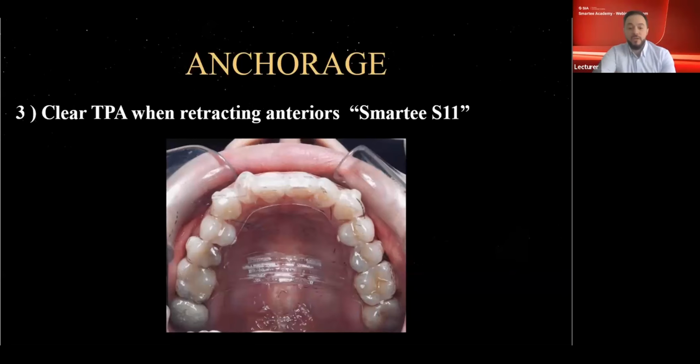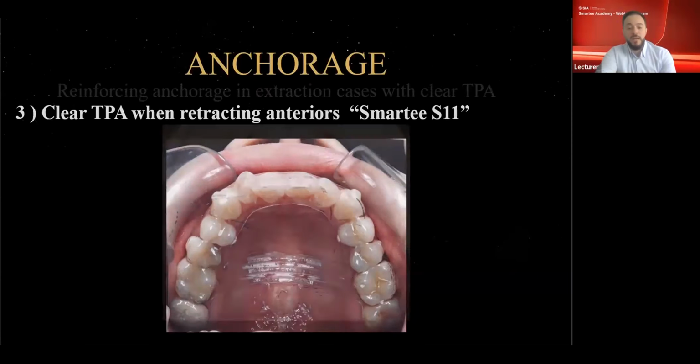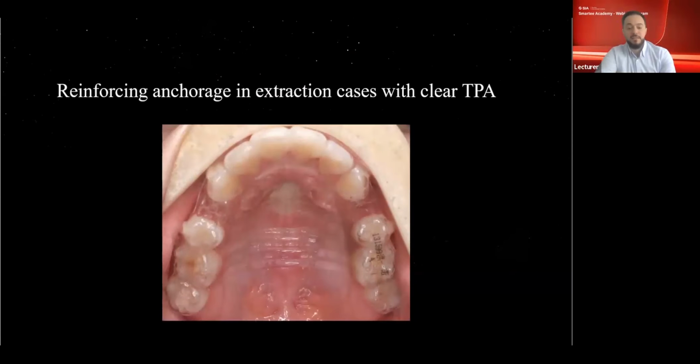So in order to avoid this, Smartee has developed the clear TPA, which connects the premolar and molar areas of both sides, making them strong anchor units, and that will resist the mesial movement of the molars when we retract the anterior teeth. We can also apply the clear TPA in extraction cases to reinforce the posterior anchorage and to resist the mesial movement of the molars when we retract the canine and the anteriors.